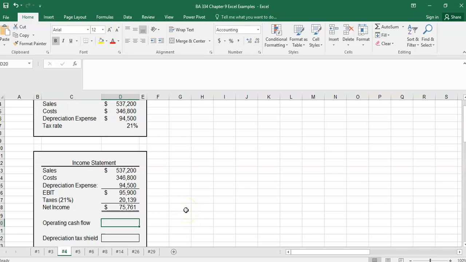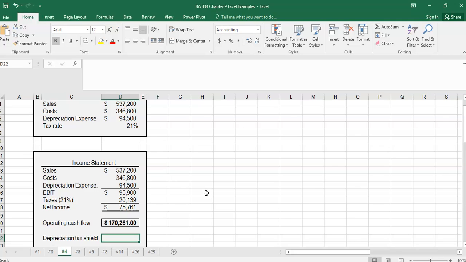So we get net income of $75,761. So our operating cash flow, if you remember from chapter 2 and also discussed again in chapter 9, is the earnings before interest and taxes, or EBIT, plus depreciation minus taxes. So EBIT plus depreciation minus taxes. The other thing that we want to calculate here is what is called the depreciation tax shield.